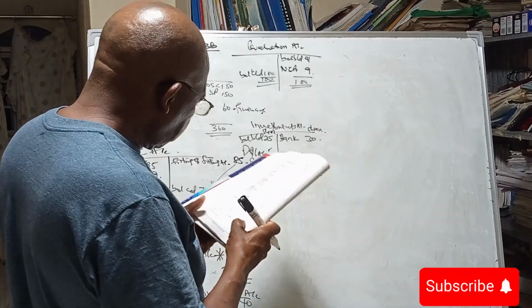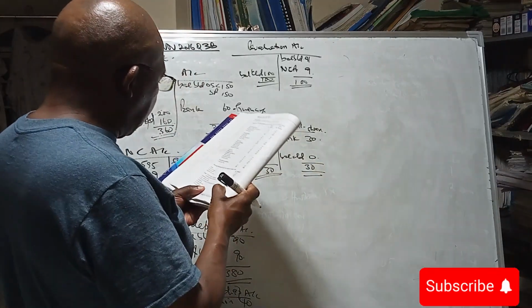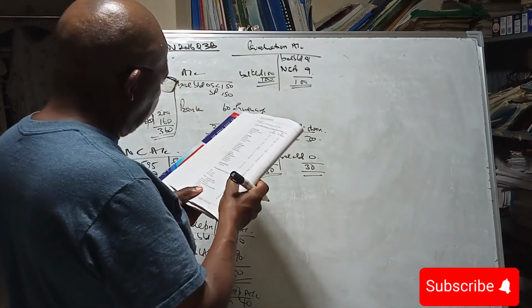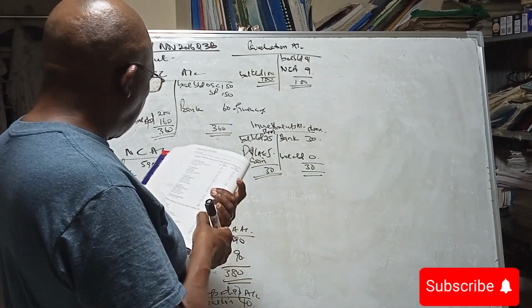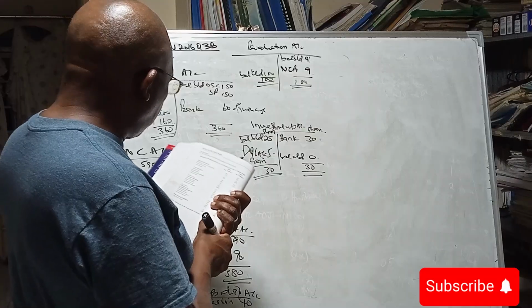And therefore, in this particular case, we have two accounts: tax payable and proposed dividend.